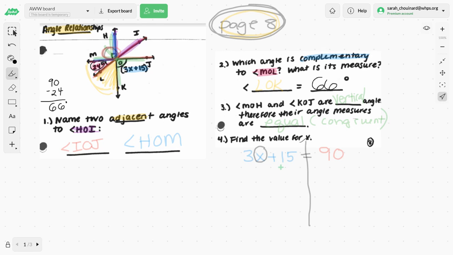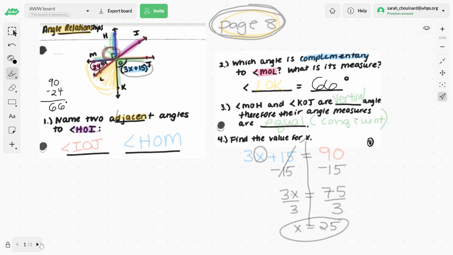Inverse operations are opposite operations. So I have to get rid of plus 15 by doing minus 15. That cancels that out. So I get 3x equals 75. Divide both sides by 3 to undo the multiplication. And I get x is 25. So the big idea here was, since these two angles were congruent, because they were vertical, I could set up the equation 3x plus 15 equals the right angle 90 degrees. And then once I solved it, I got my value of x.